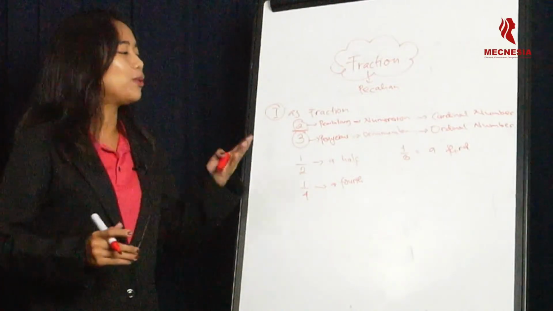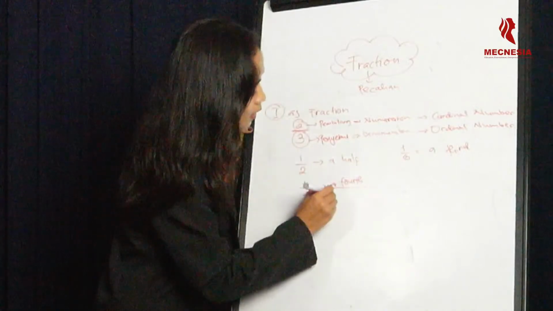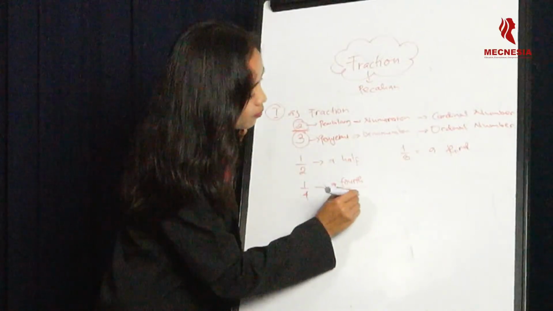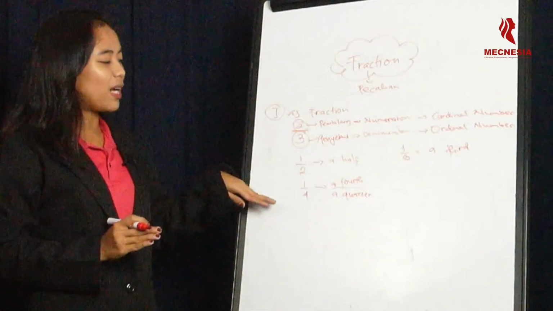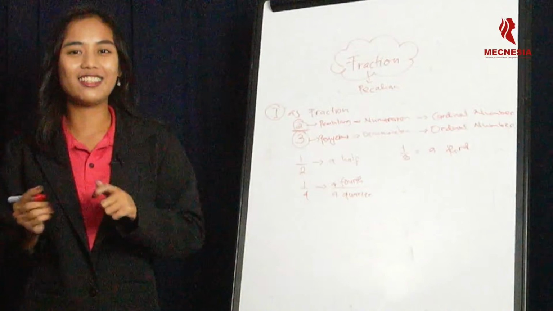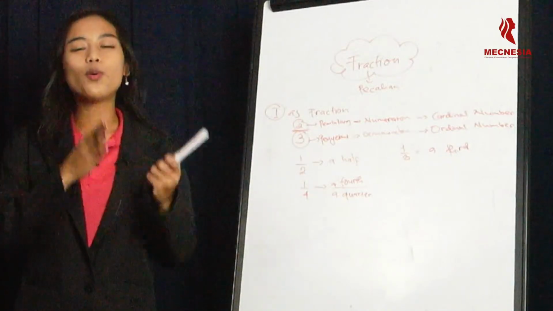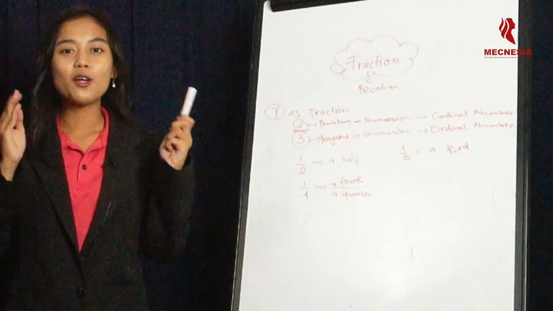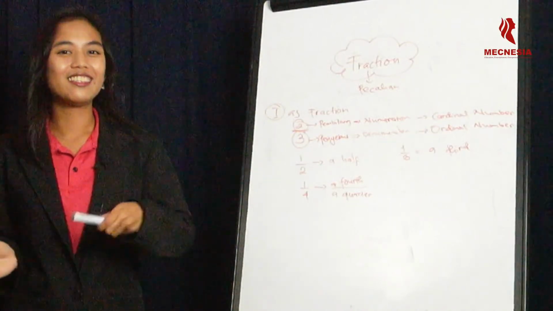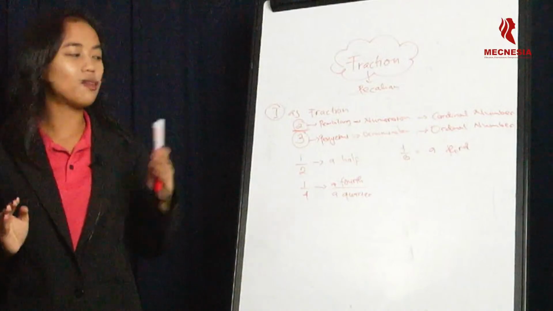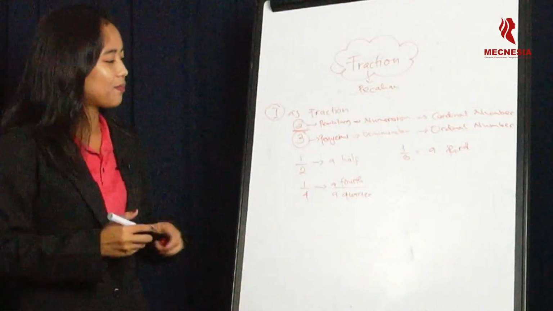But sometimes we also call it a quarter. Jadi selain disebut a fourth, 1/4 juga disebut a quarter. Let's pronounce it together. Quarter. A quarter. Now faster. Sekarang lebih cepat. A quarter.